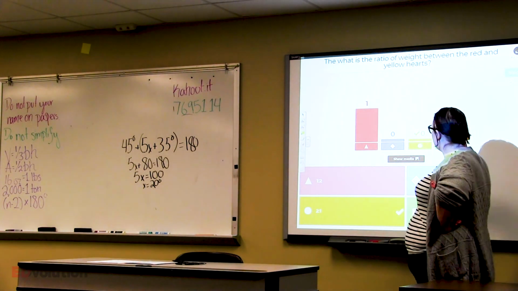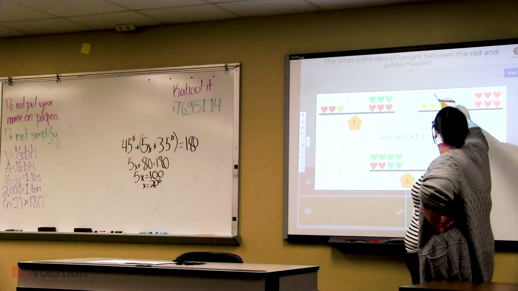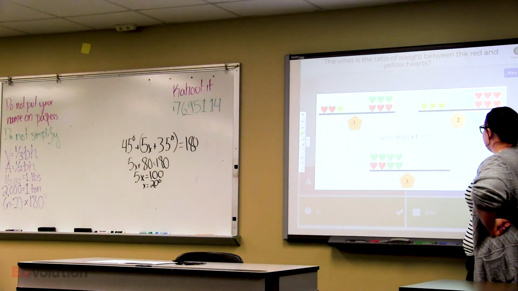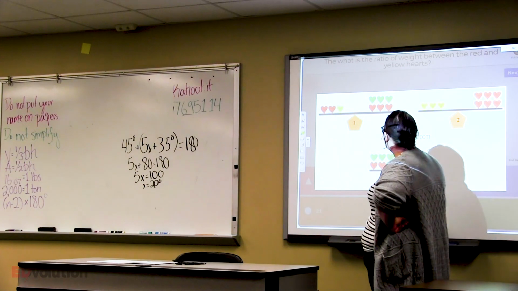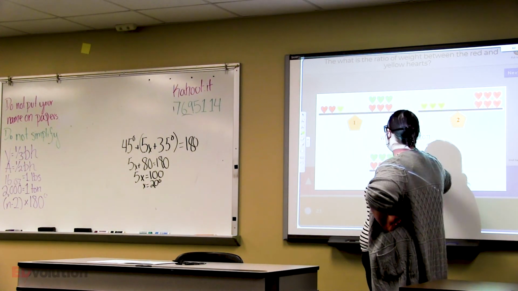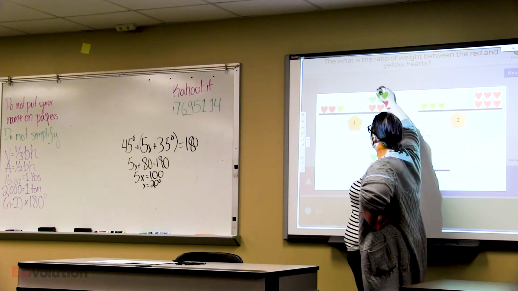Okay, so we're looking at the ratio of red and yellow hearts. That means anything that involves green, we don't have to pay attention to.